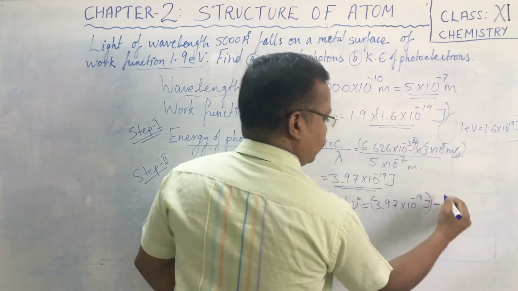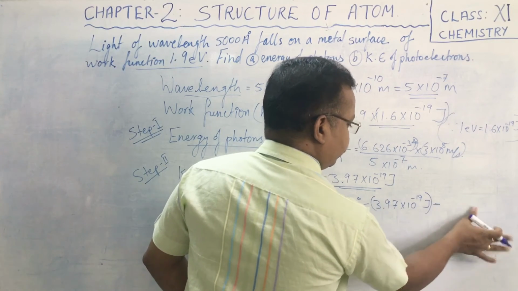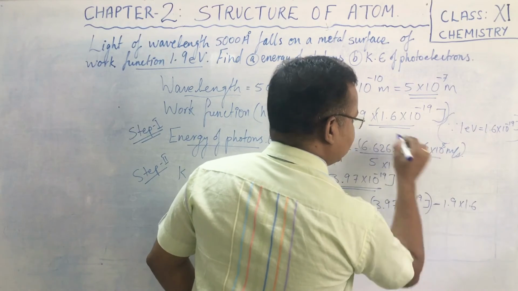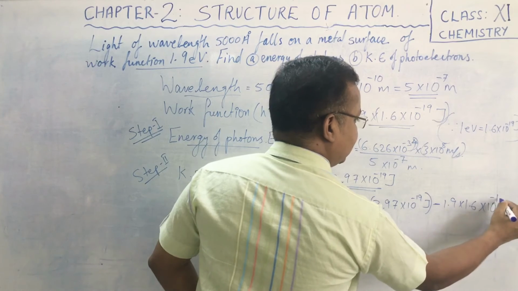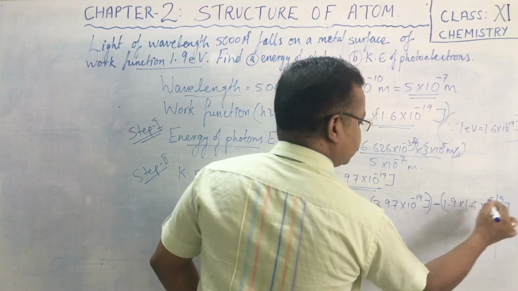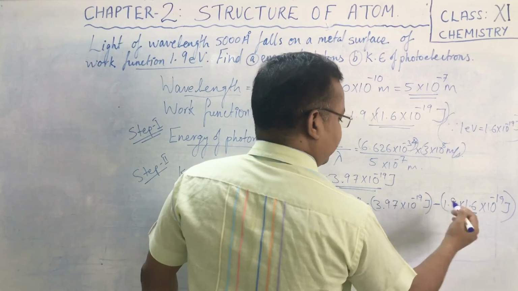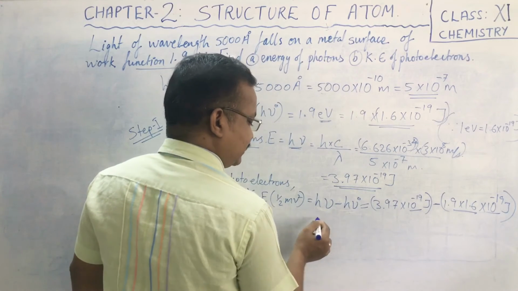What you have to do? You have to multiply 1.9 into 1.6. This is this one into 10 raised to minus 19 joules. So first you complete this, then you can subtract, since 10 raised to minus 19 is similar.